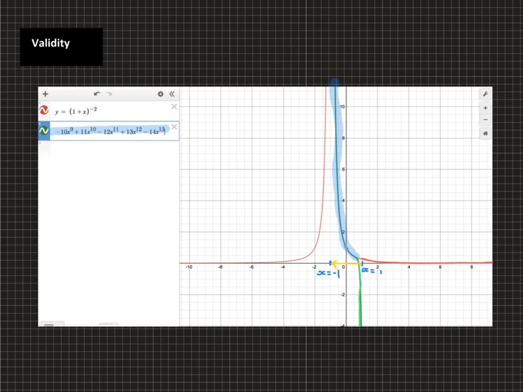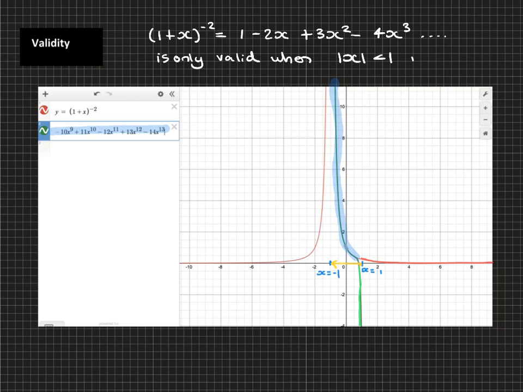So the expansion of 1 plus x all to the power of negative 2, which we've now seen is 1 minus 2x plus 3x squared minus 4x cubed, etc., is only valid when mod x is less than 1, i.e. when x lies between 1 and negative 1.